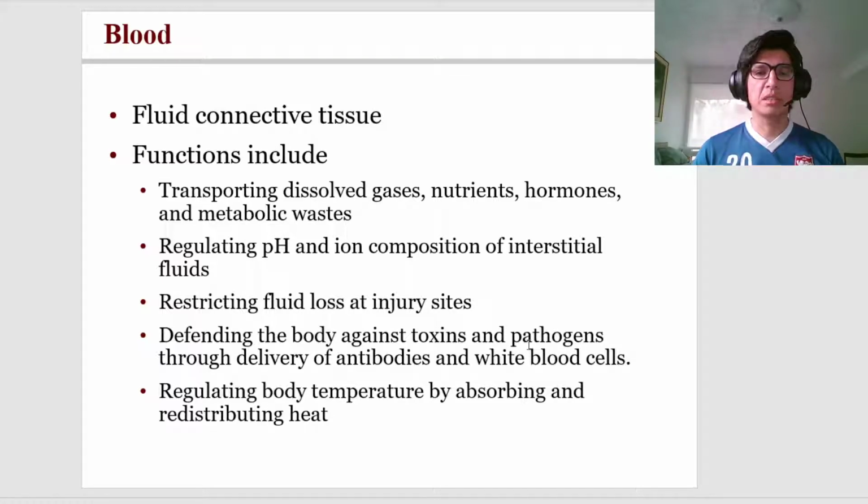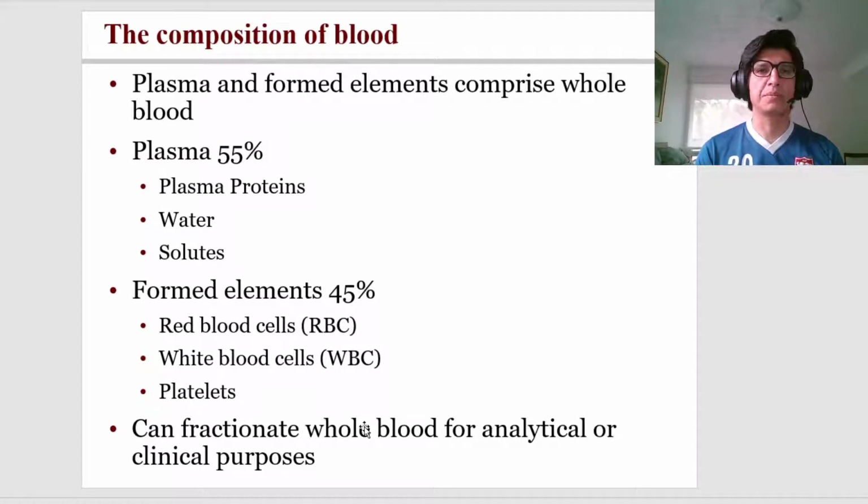White blood cells are in charge of fighting pathogens, and blood is responsible for regulating body temperature. The composition of blood: we have 55% of it being plasma, the inorganic matrix, and the specialized cells being red blood cells, white blood cells, and platelets, which compose about 45% of whole blood.